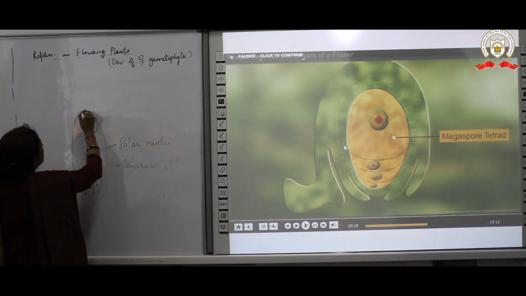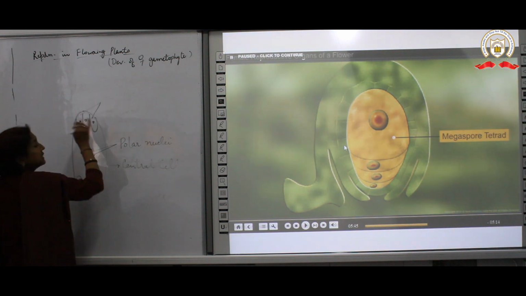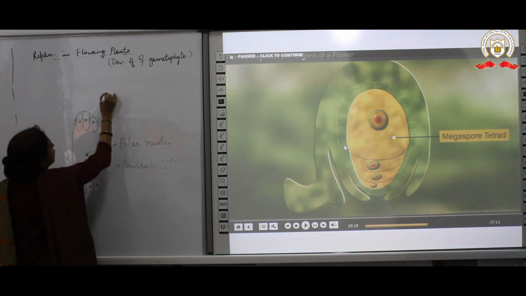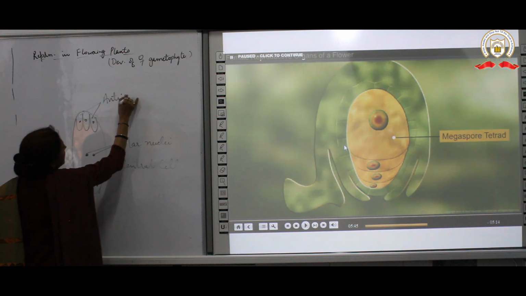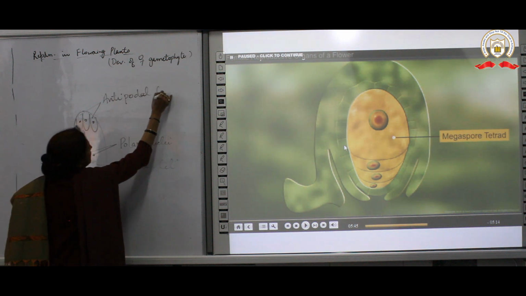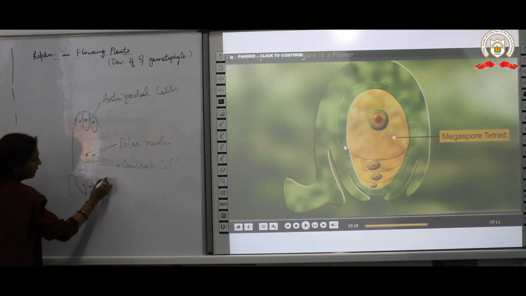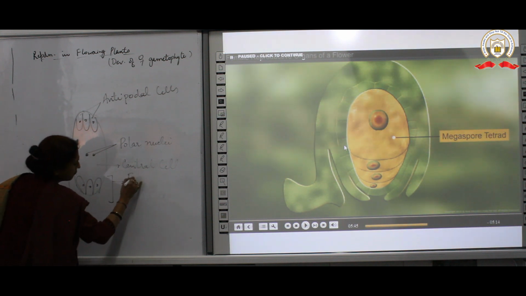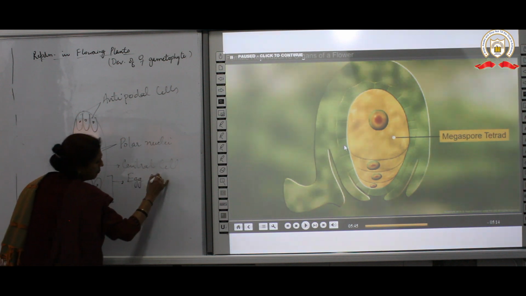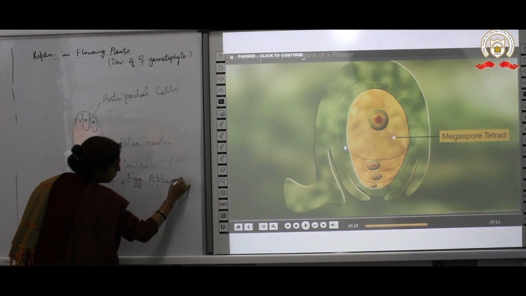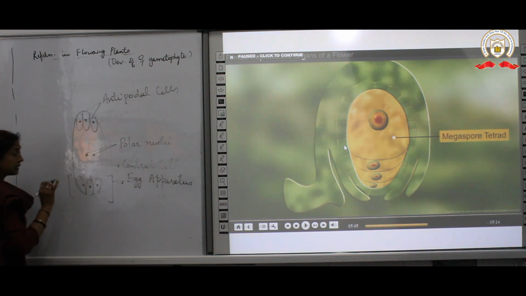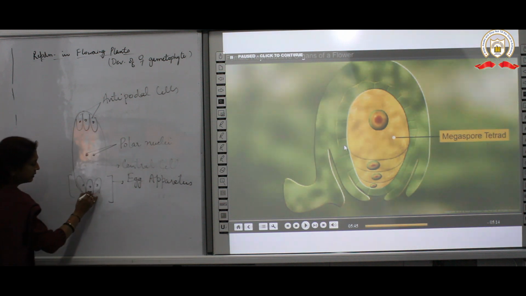Now next, the cells at the chalazal end are known as antipodal cells, and the cells at the micropylar end form the egg apparatus. This egg apparatus consists of 2 types of cells.